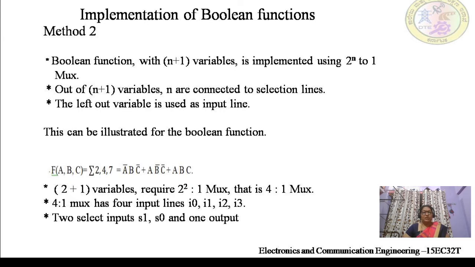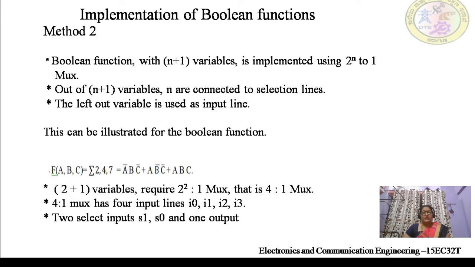For example, if there are three variables, we write it as 2 plus 1. If there are four variables, we write it as 3 plus 1. So a Boolean function with n plus 1 variables is implemented using a 2 to the power of n to 1 mux.